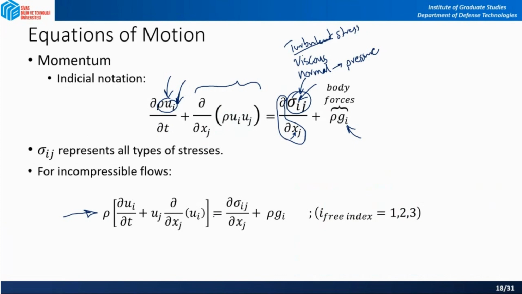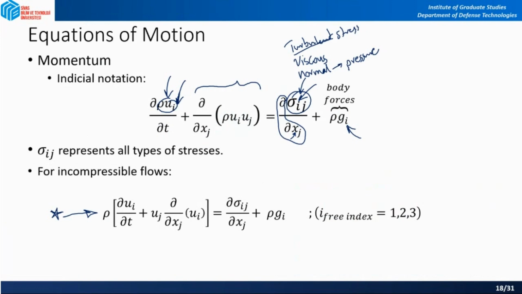No. So this equation at the bottom, this equation here, what is it? Is it a scalar equation, or is it a vector equation or tensor equation? Yes, this is a vector equation.